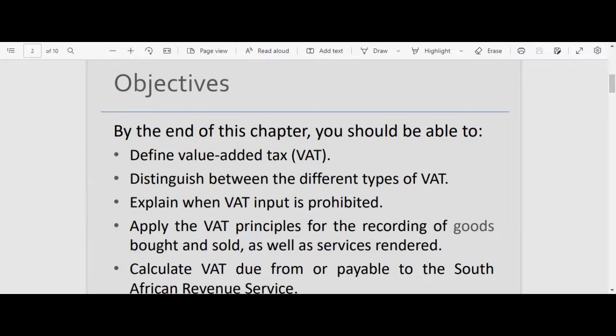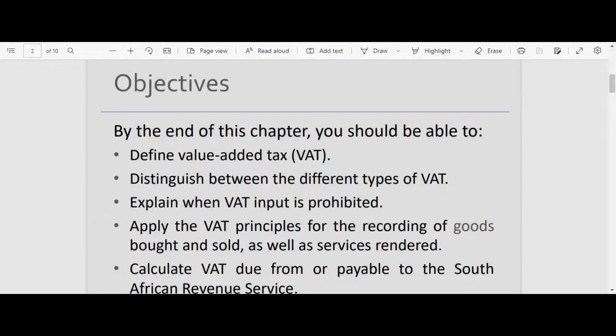The value added tax that is added by the business on their sales or on the services they render, we are going to call the output tax. Then we've got to be able to apply the value added tax principles for the recording of goods bought and goods sold, as well as services rendered.